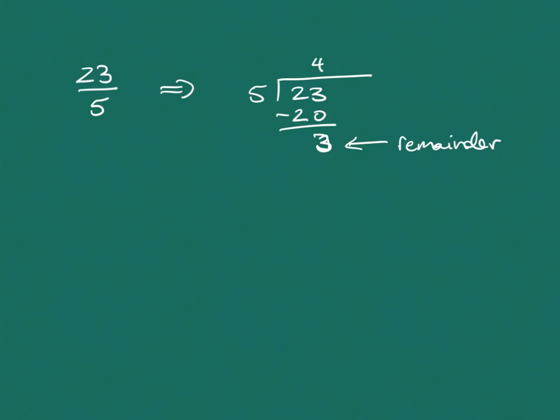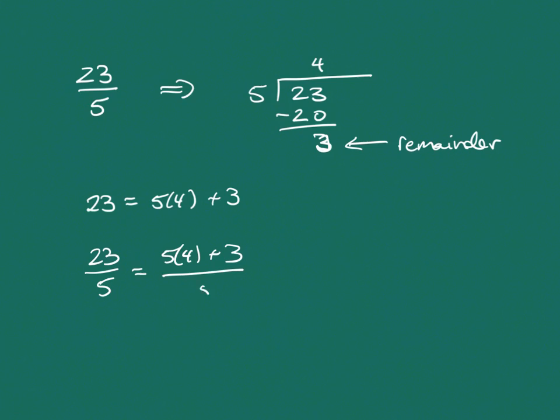What this really let us do with the division algorithm was say that 23 was 5 times 4 plus 3. So when we had our fraction, 23 divided by 5, that was 5 times 4 plus 3 divided by 5.